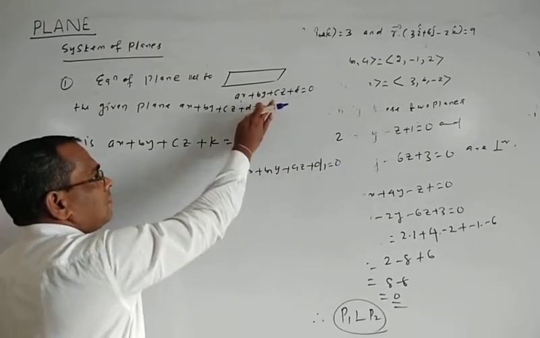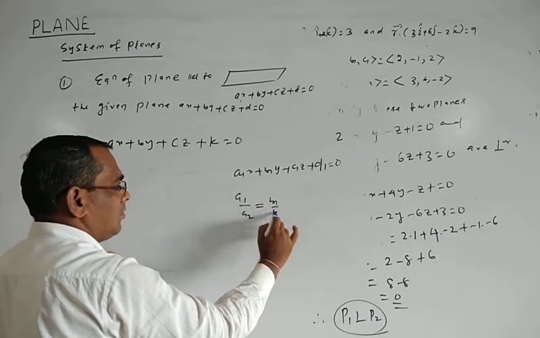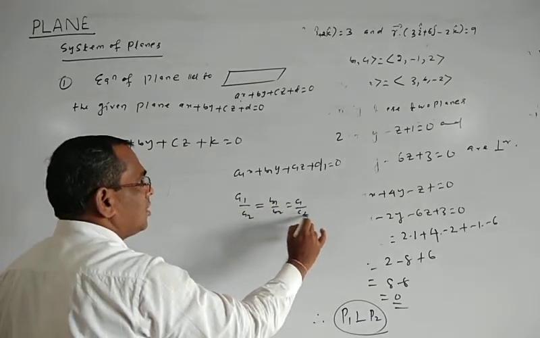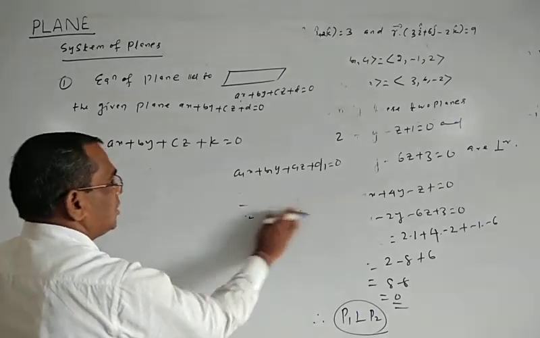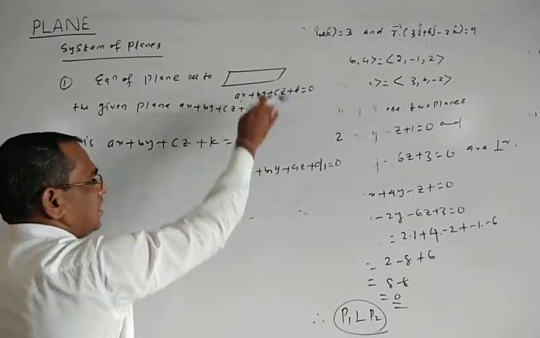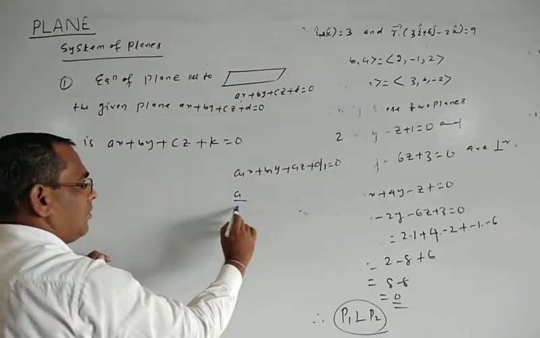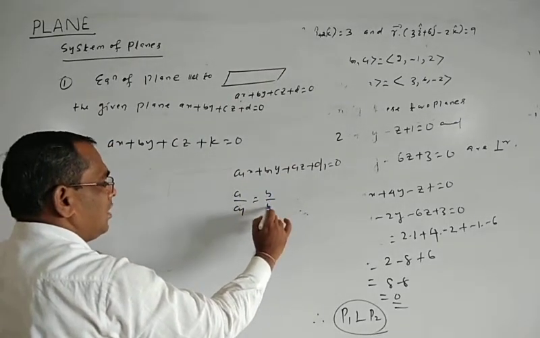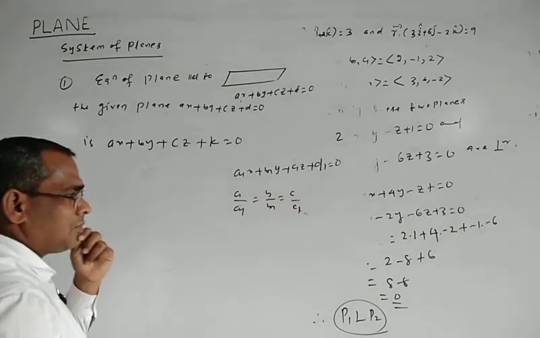So parallel means what? Now a by a1 is equal to b by b1 is equal to c by c1. Here we take the first plane and this plane is parallel, so these are proportional.